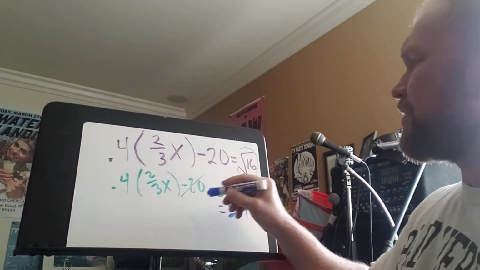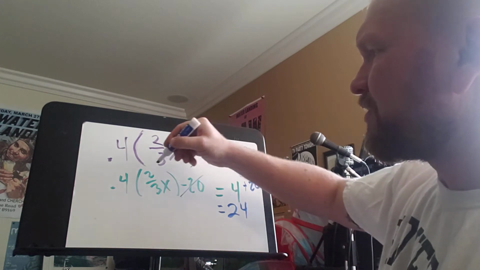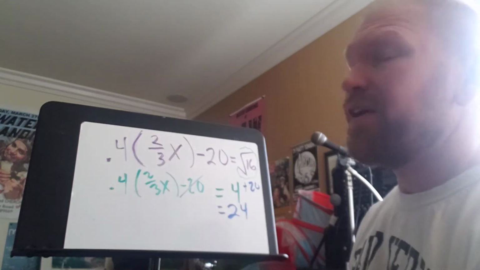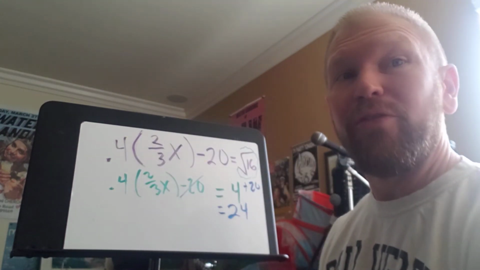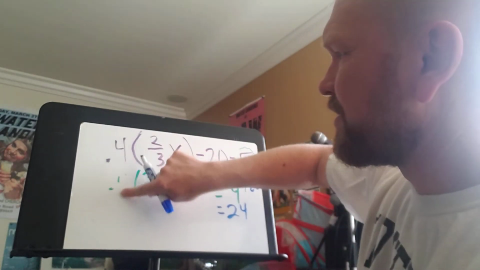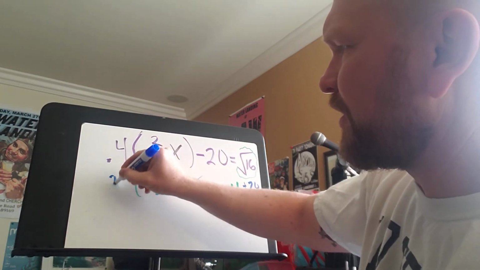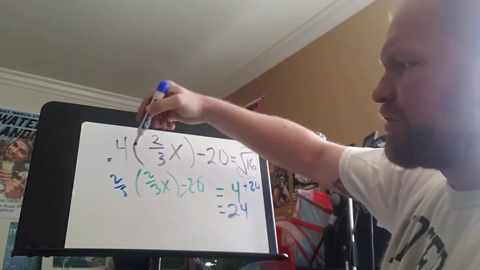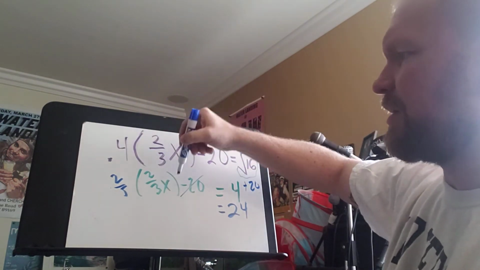I'm still going to do that plus 20 to get 24, but I'm going to multiply these together. Now, remember, we've memorized that 0.4 is really 2/5. So I'm going to change 0.4 to 2/5. So it's 2/5 times 2/3 times x.